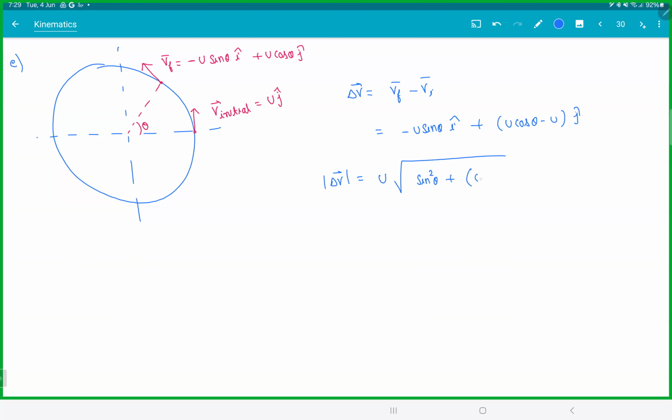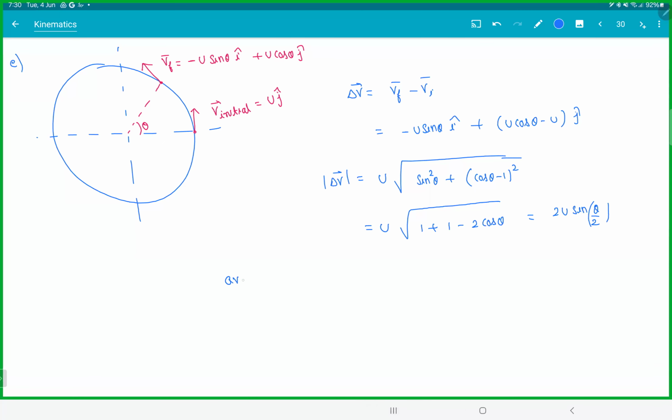Sine square theta plus cos theta minus 1 whole square. Expand this, you end up with 1 plus 1 minus 2 cos theta. You know how this will work out to be 2u sine theta by 2. This was asked in CET or BITS, some exam somewhere: find the magnitude of change in velocity. 2u sine theta by 2. Straightforward.